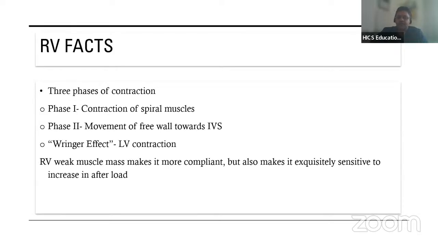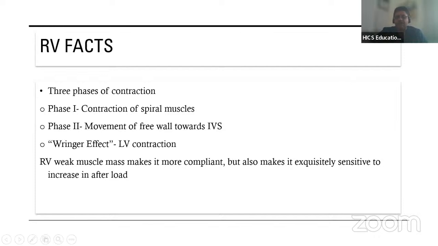Electrophysiologically, there are three phases of contraction for the right ventricle. Phase 1 is the contraction of the spiral muscles, and phase 2 is the movement of the free wall towards the interventricular septum. The third is the Ringer effect, which happens because of left ventricular contraction. Suffice to say that left ventricular contraction is also a player in right ventricular contraction.